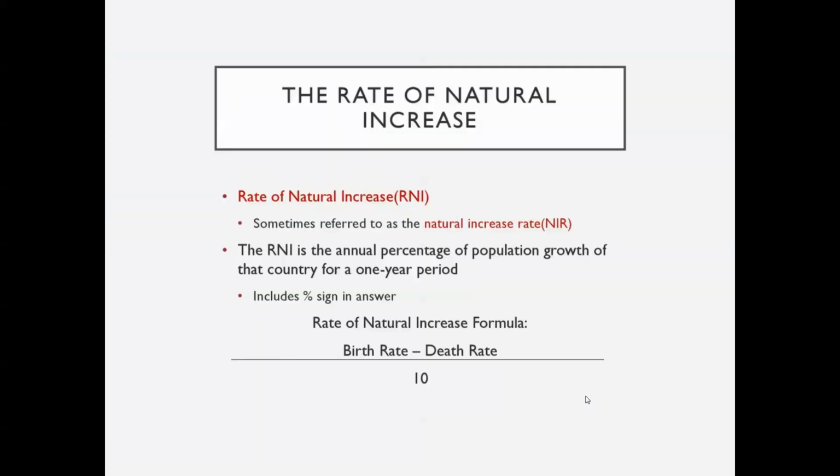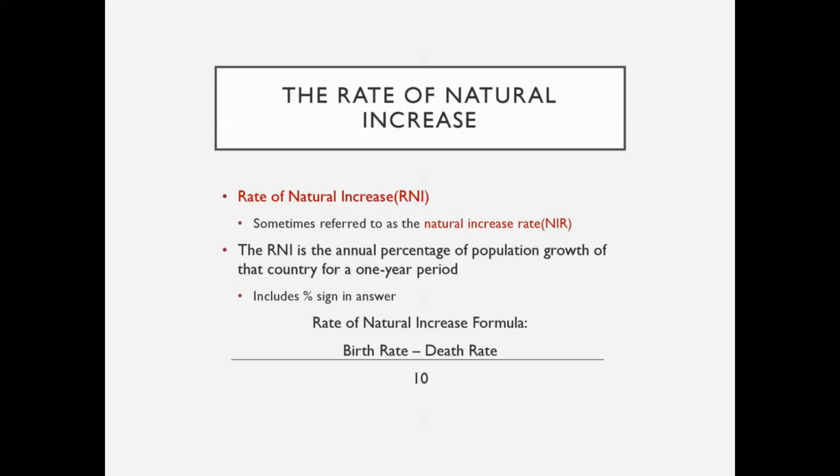Now, one of the last measures I want to talk about is the rate of natural increase. Quite simply, remember that the rate of natural increase, or RNI, is in a sense the way that a population is going to grow. We say natural because it excludes movement of people.